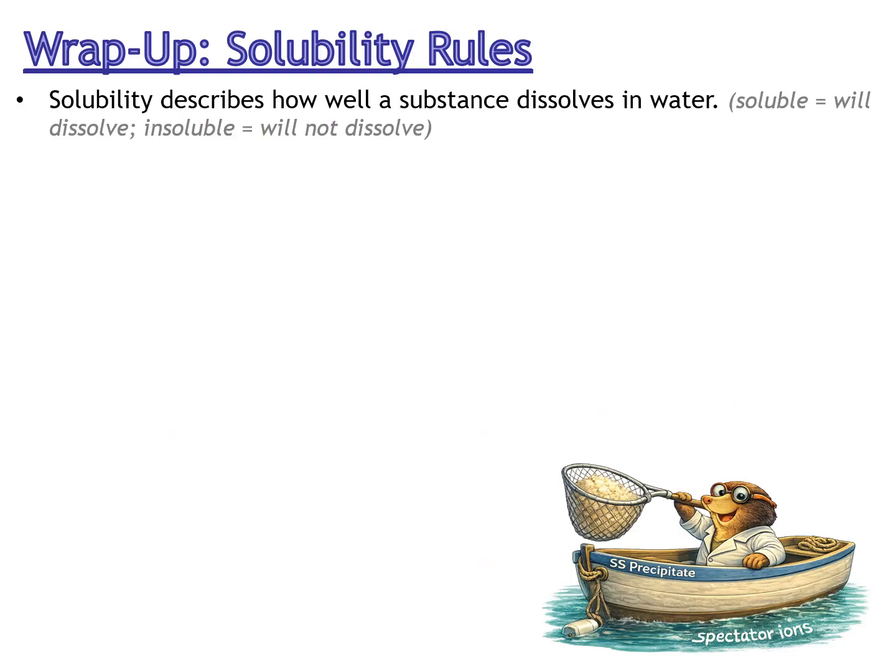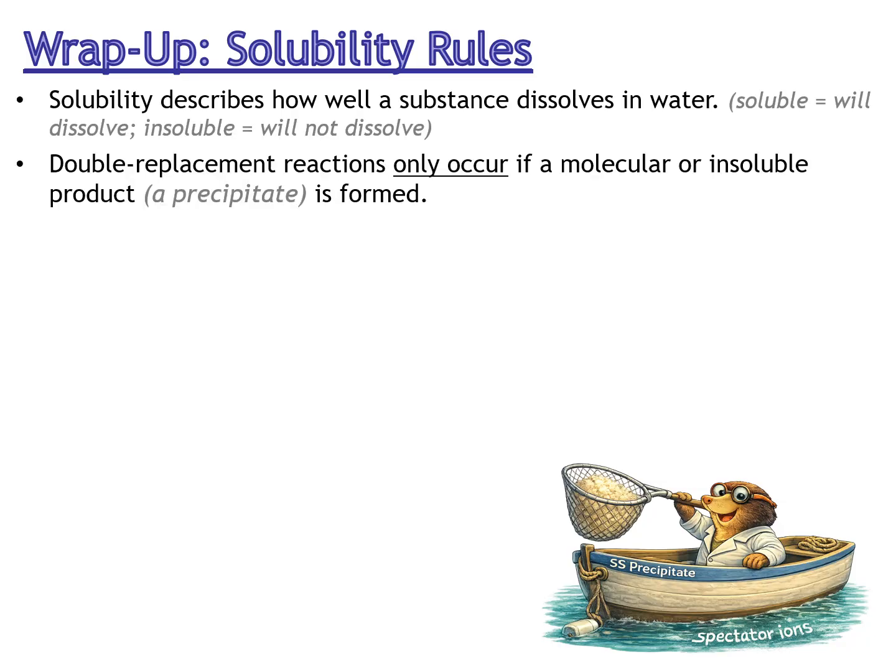All right, so wrap up for the last lesson in Unit 3. So solubility describes how well a substance dissolves in water. And if it's soluble, it will dissolve. It stays aqueous. If it's insoluble, it does not dissolve. Double replacement reactions only occur if you form a molecular product, and we didn't look at an example of that, but there is one in the lab, or something that is an insoluble product, a precipitate is formed.